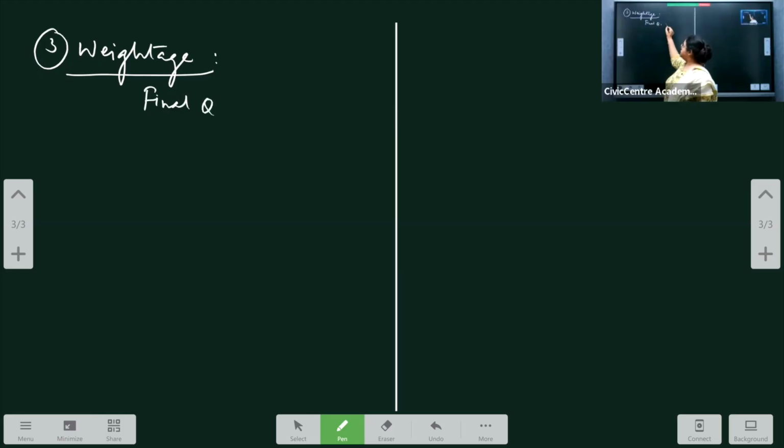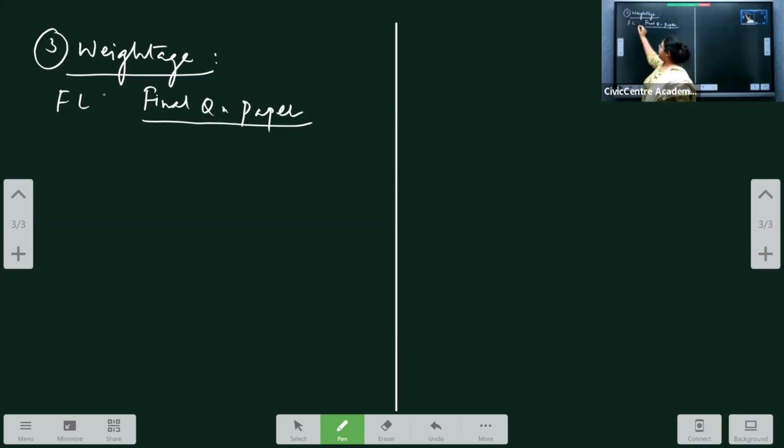Any number of questions can be asked from any kind of theme or sub-theme. So this is what we see in the final paper. The final paper is what is reflected in the FLTs, not in the daily tests. Right?